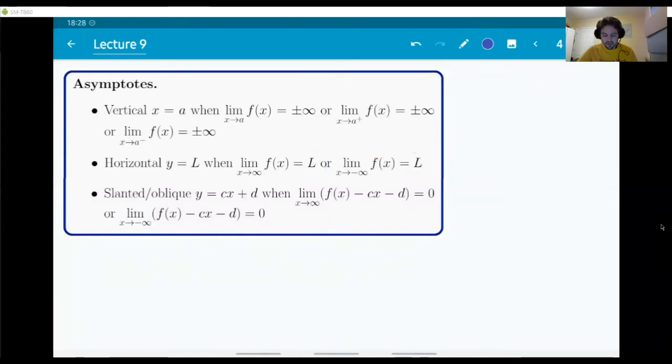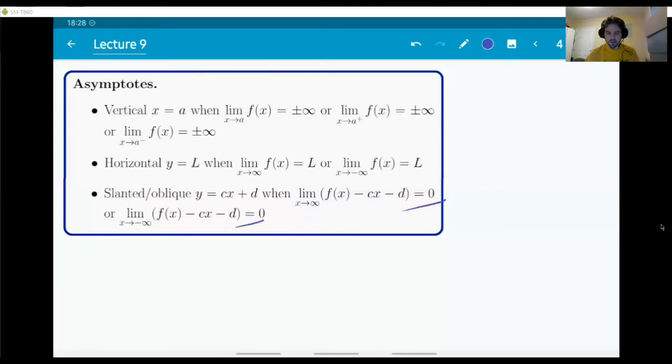And we also briefly discussed slanted or oblique asymptotes. We don't really need to know this for our exam, but just so you know, it's interesting, it's useful to remember. A line of equation y equals cx plus d is an asymptote when, if you take the difference between the function and the line, and you look at what happens as x grows large, either plus or minus infinity, you find a difference of 0 in the limit.